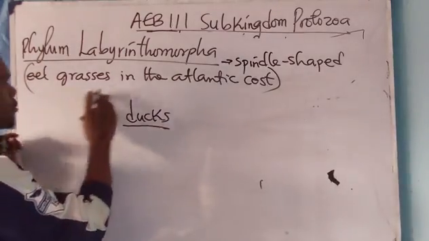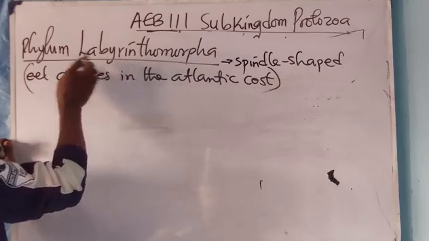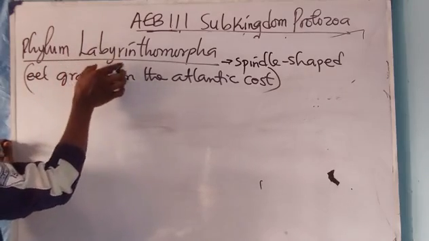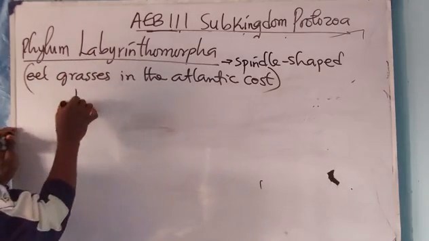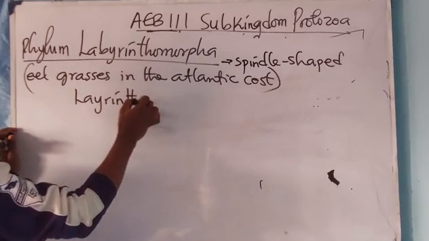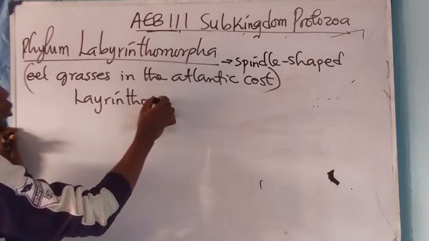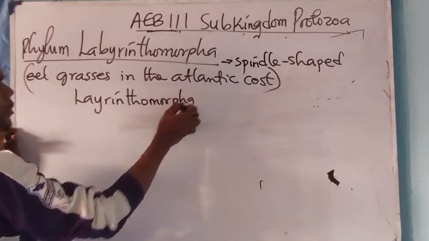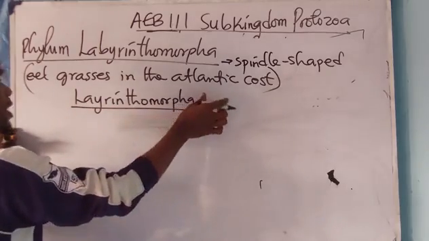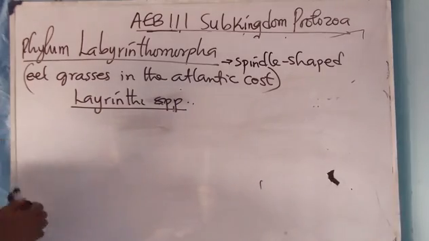Labyrinthomorpha is a cause of that, which means the only species in this phylum is Labyrinthula, or labyrinth species, as the case may be. So please, that is all.